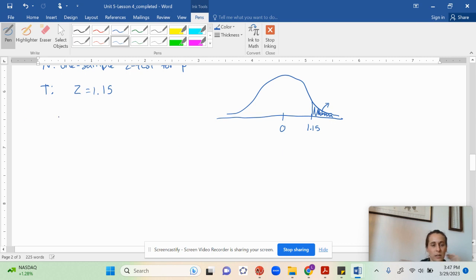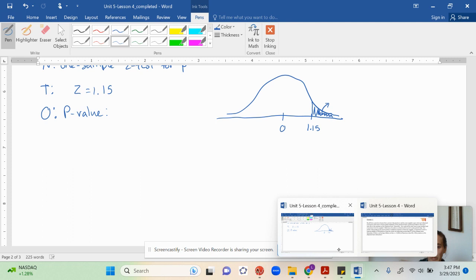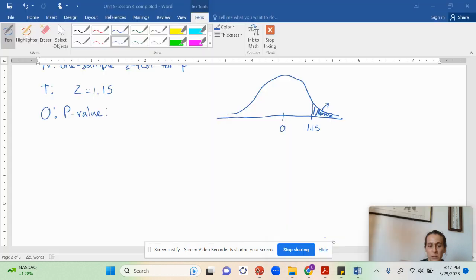And that is O, obtain the p-value. It is the proportion of the curve that is shaded there, which, back to the calculator, there we go, p-value 0.124. So we have 0.124, and that is that area there.